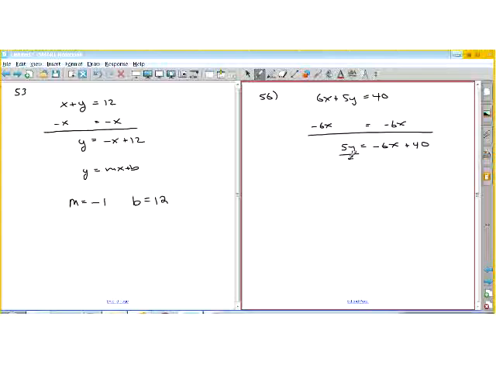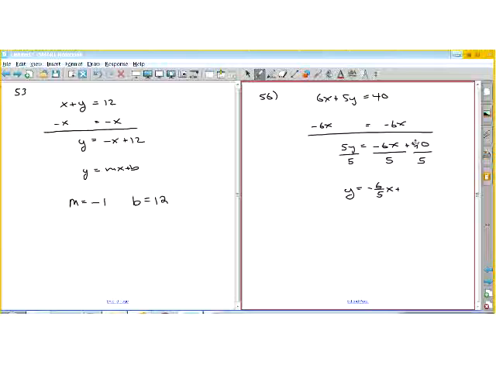So just like we did in Chapter 7, we have to divide everything by the same number. So we don't just divide by 5 on one term, we divide everything by 5. On the left-hand side, 5 divided by 5 is 1. So we get 1y. And then we have -6/5. I create a separate fraction just so that we know that's the slope.